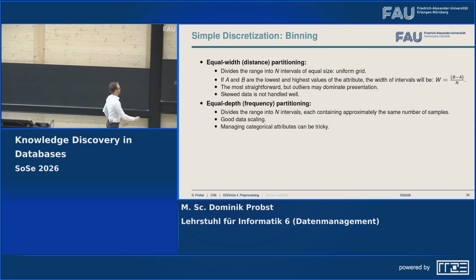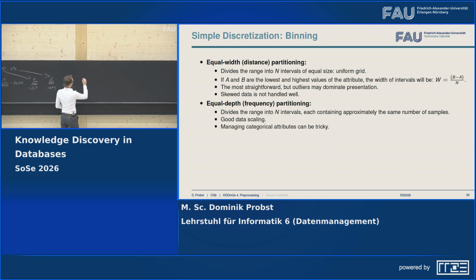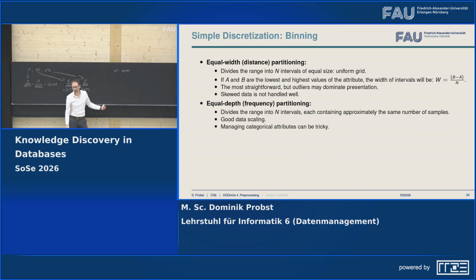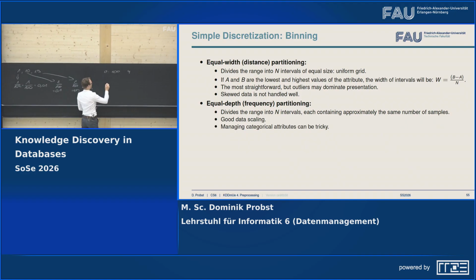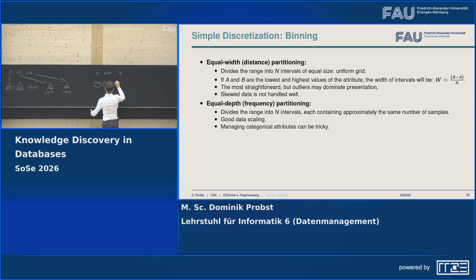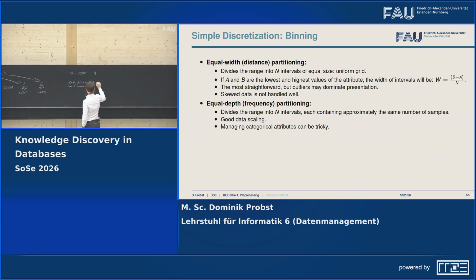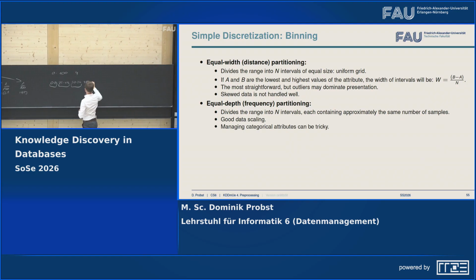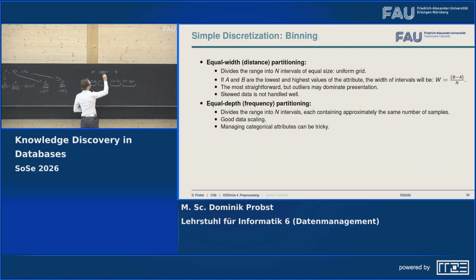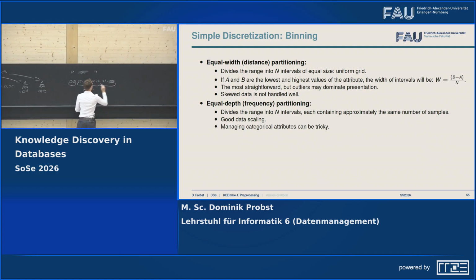So if we have a value range between 0 to 100, and we want to end up with 4 buckets, then we simply put everything between 0 and 24 into one bucket, 25 to 49 into one bucket, everything between 50 and 74 into one bucket, and everything between 75 to, let's use 99, into one bucket.